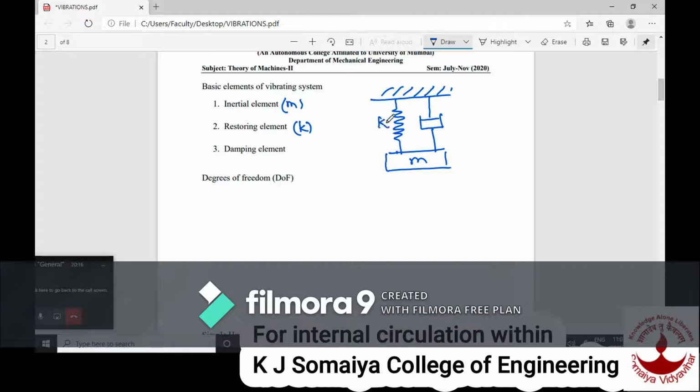So this will be represented by a spring with stiffness K, and the damping element will be a damper with a definite coefficient of damping, which is represented as C.